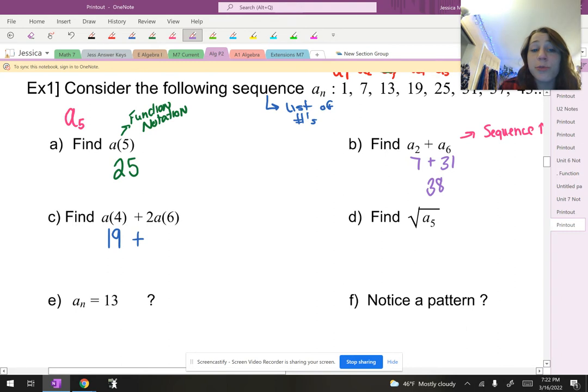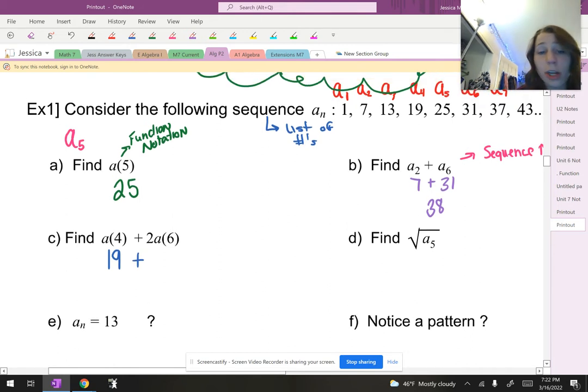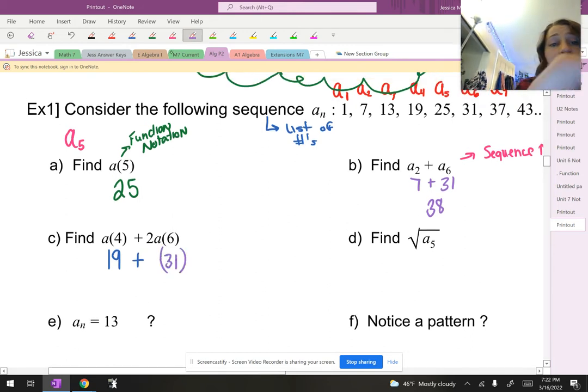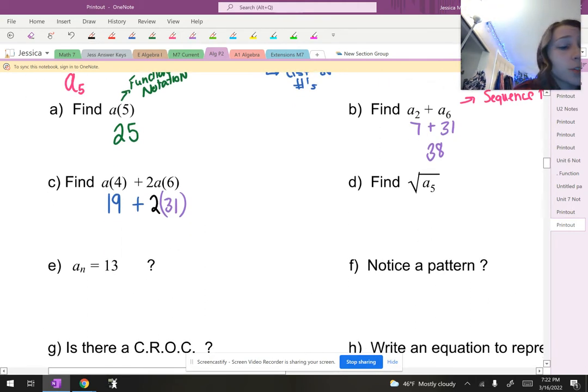That's not a times 4 or a times 6. That's a of 6. So whatever a of 6 is, which happens to be 31, I need to take that and I need to multiply it by 2. So 31 times 2 plus 19 gives us 81.